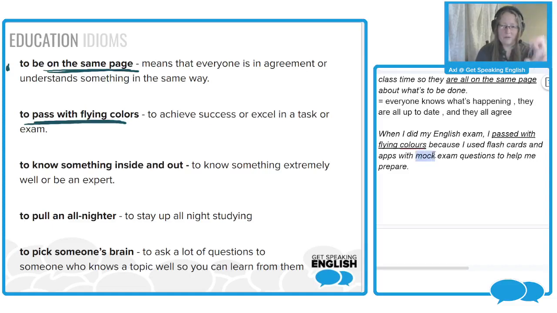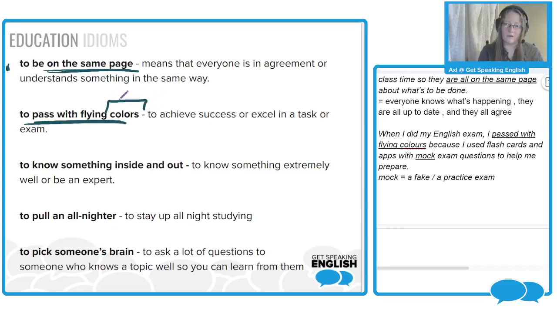If we talk about mock exam questions or a mock exam, mock here is kind of like a fake or practice exam, basically. Also, a little detail here, I'll talk about this for just a second.